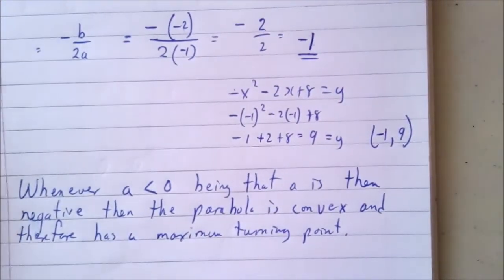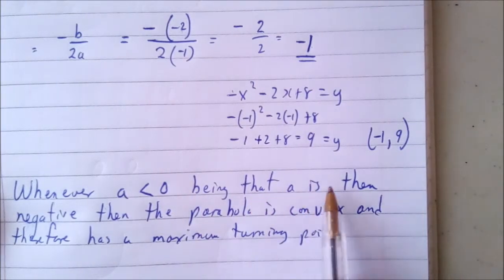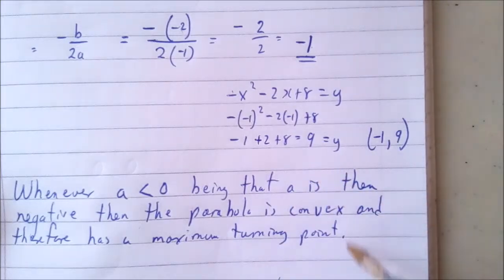So we can conclude that whenever a is less than 0, being that it is then negative, then the parabola is convex, meaning curve up, therefore has a maximum turning point.